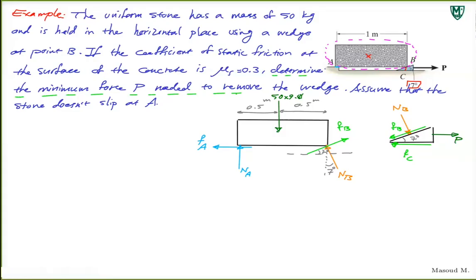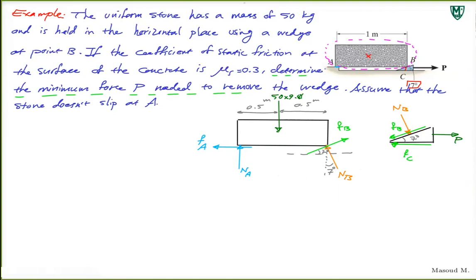What state are we in if you're applying the minimum force to overcome friction? Impending motion. Exactly. If we apply more force, it's just going to start moving. So the minimum you need to remove this wedge is the amount of force that you need to overcome static friction, which means you're in impending motion.